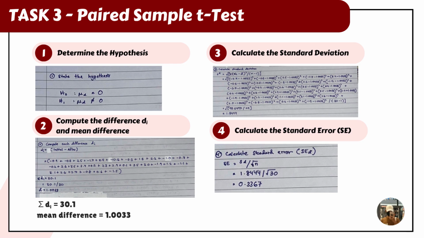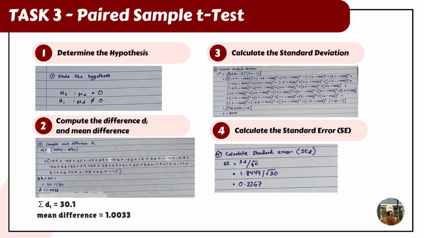Next, calculate the standard deviation. The standard deviation answer is 1.8444. Next, calculate the standard error, SE, and the calculation is 1.8444 divided by the square root of 30, and the answer is 0.3367.